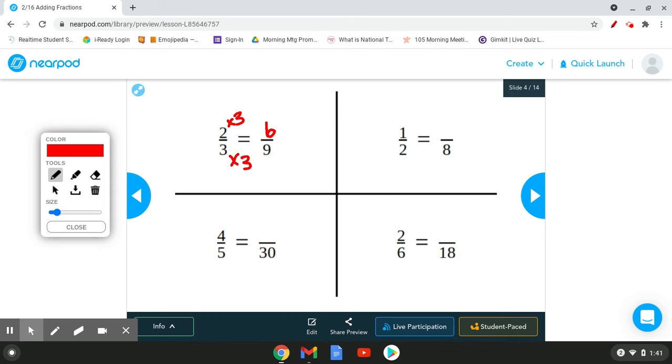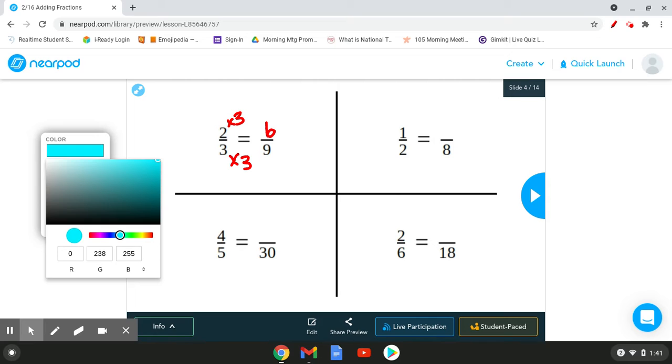It's just that they have different size pieces. They're equivalent or equal. Whatever you do to the bottom, so you look at your denominators first, and whatever that rule is, which is times 3, that's what you then do to the top. So now, go ahead, push pause, try those other 3 problems in your notebooks, then come back and push play.